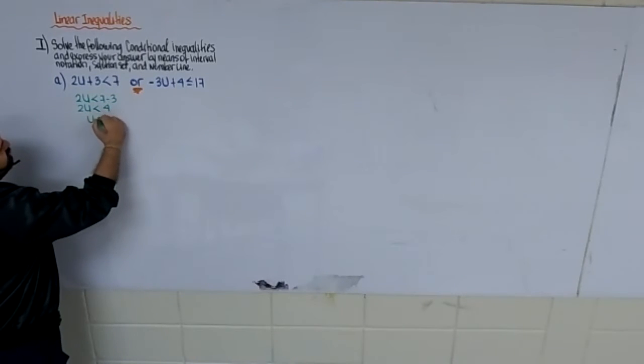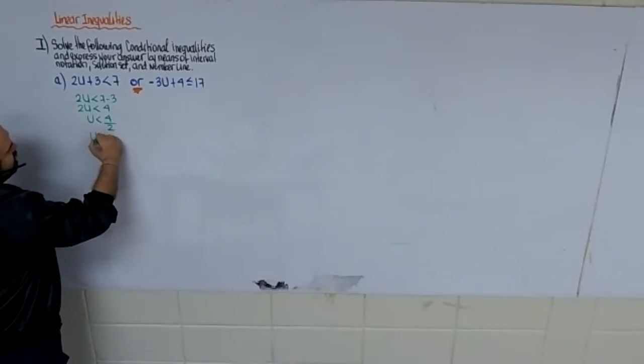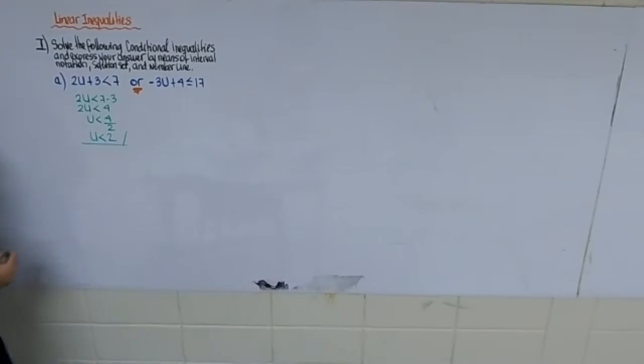And u will be less than 4 divided by 2. u will be less than 2, okay? We have the first answer of this inequality. Not a big deal. Let's go on to the second solution.